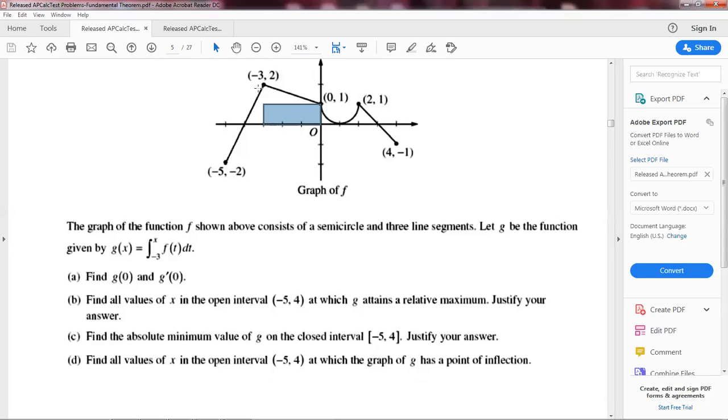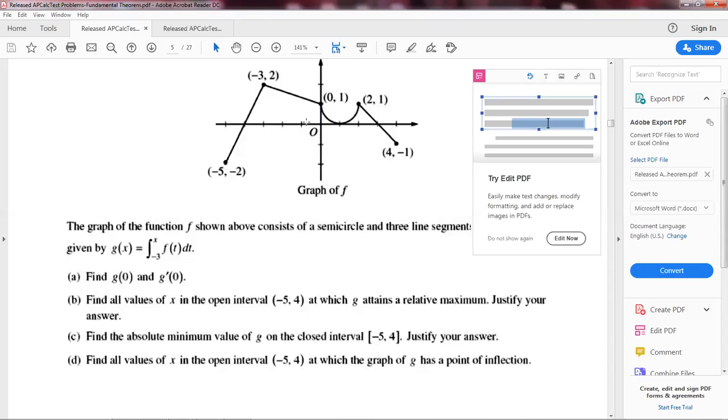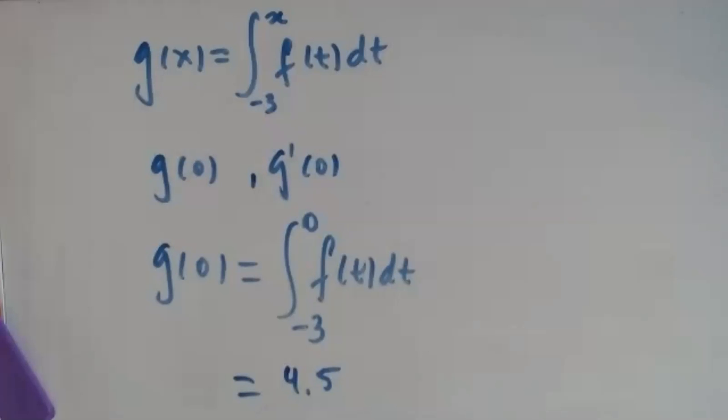So it is this triangle right here and that rectangle, correct? This is 3 times 1, 3. And this is 3 divided by 2. So it's 4.5. That's correct. So this is your value. You see from the graph, that's your value.